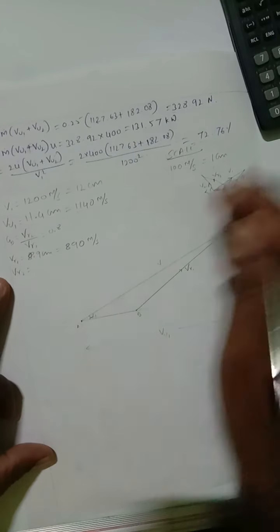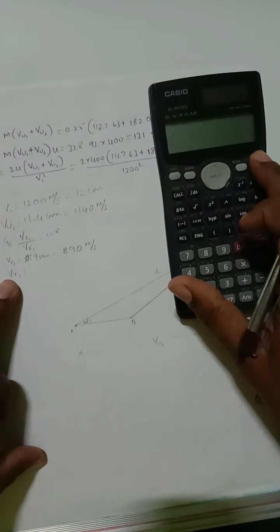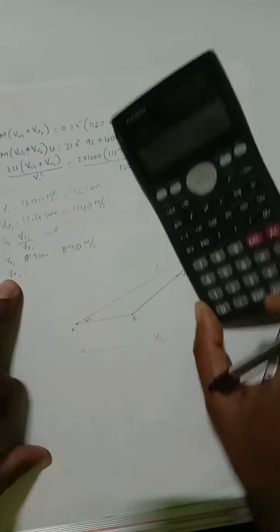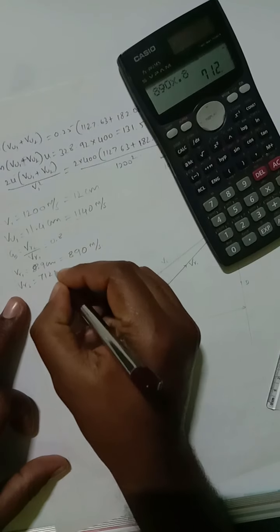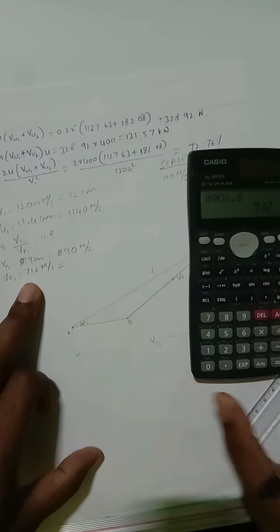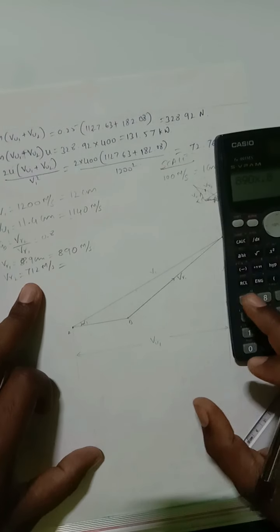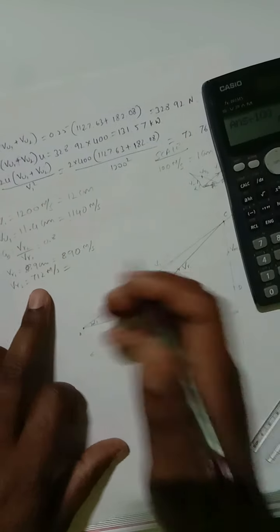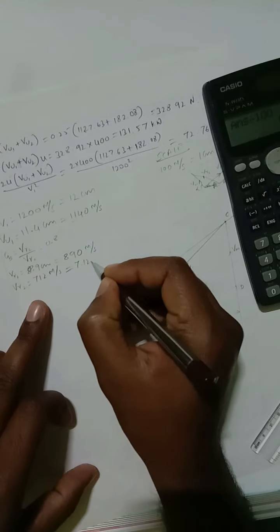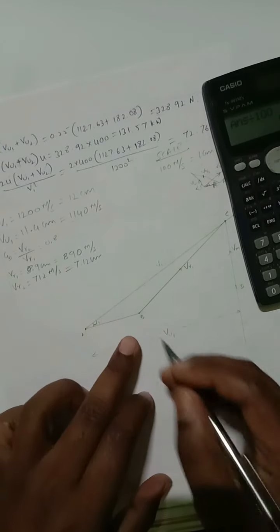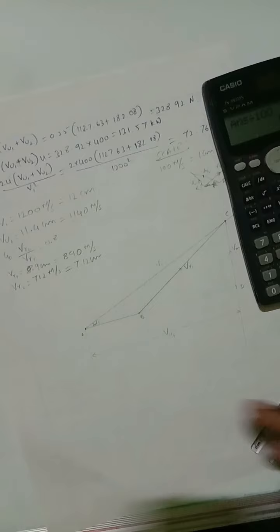Next, VR2 is how much? 890 into 0.8. It is 712 meters per second. If I convert that in terms of scale, it will be 7.12 centimeter.